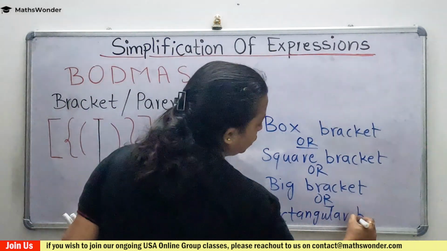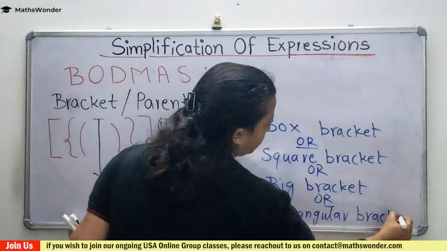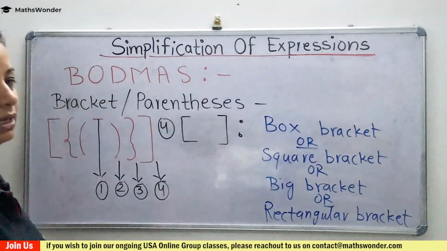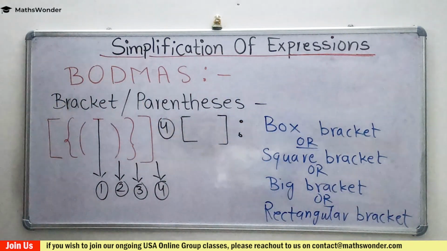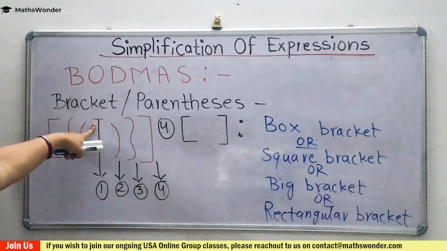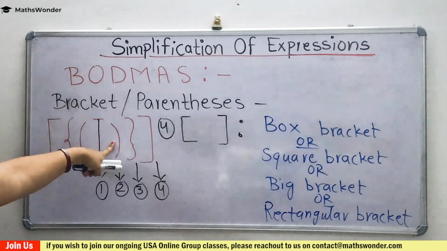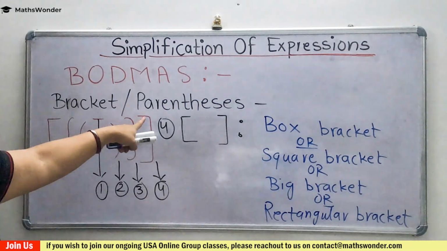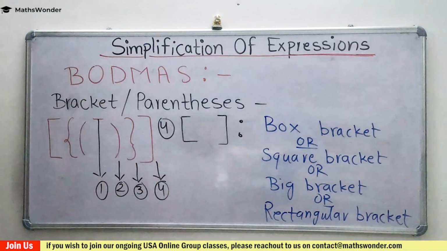So different books use different names. I explained all types of names so that you will not be confused if you follow any books. So always remember the line, followed by this small, followed by curly, followed by square bracket or big bracket. So this is the sequence of the parenthesis.